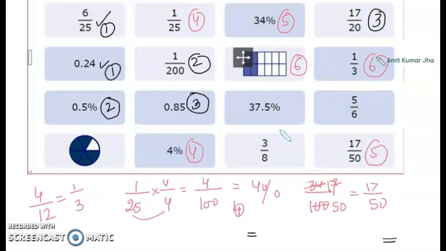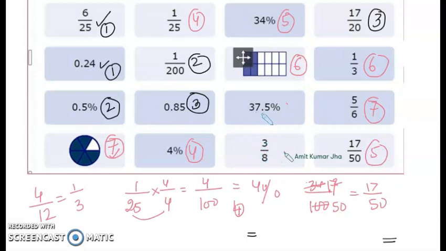Now you are left with 5 by 6 and this. There are 6 equal divisions and out of which 5 are shaded. So this 5 by 6 and this shaded one, they will be same. And you are left with only now this and this. So just check with it.